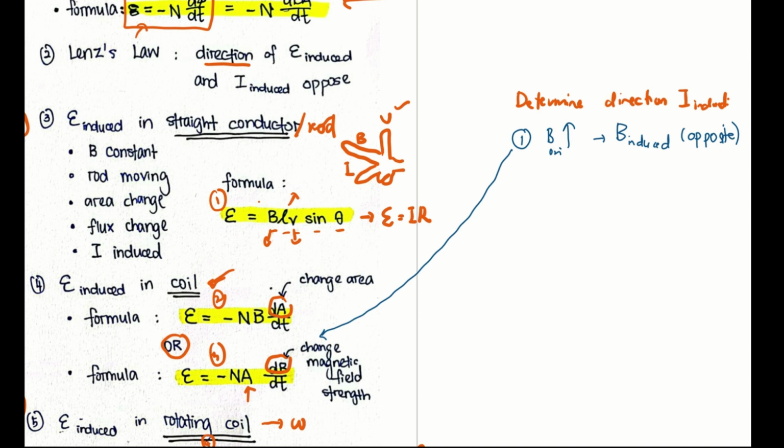For example, if the original magnetic field is into the page, the induced magnetic field will be out of the page because it is opposite. This is the direction of B induced.